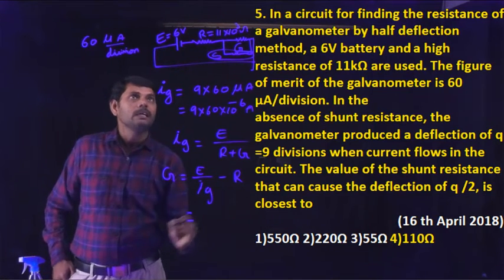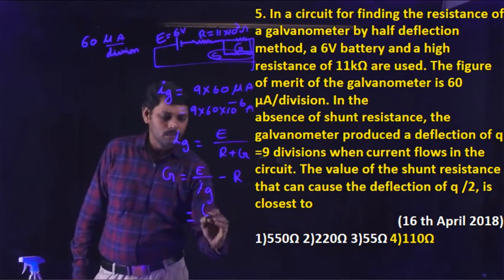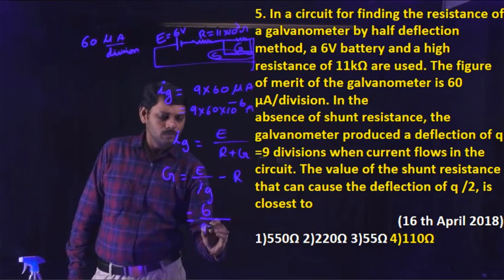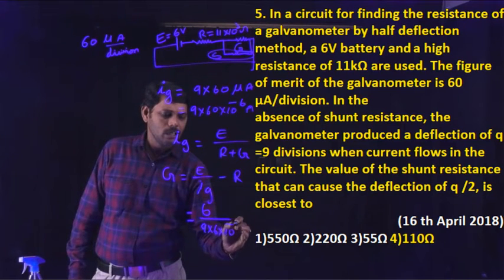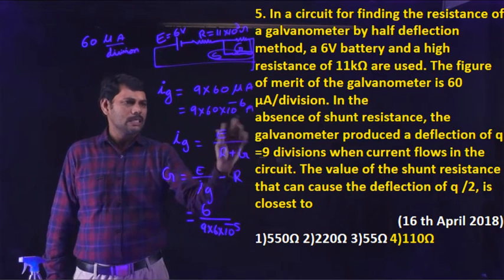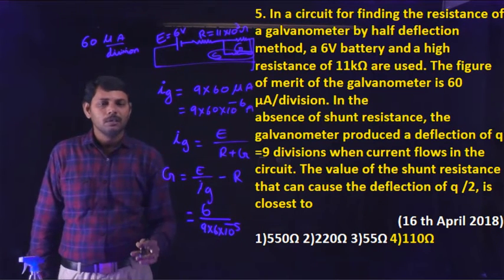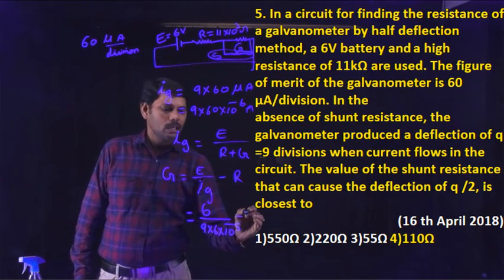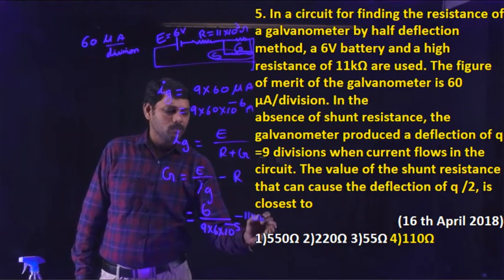The value of E is 6 volts and Iz is 9 into 6 into 10 power minus 5. I rearrange this term: 9 into 60 into 10 power minus 6 is written as 9 into 6 into 10 power minus 5, minus R, whose value is 11 into 10 power 3 ohms.